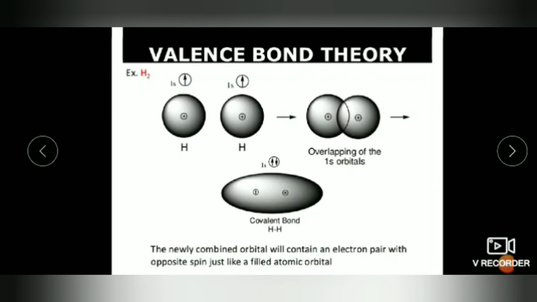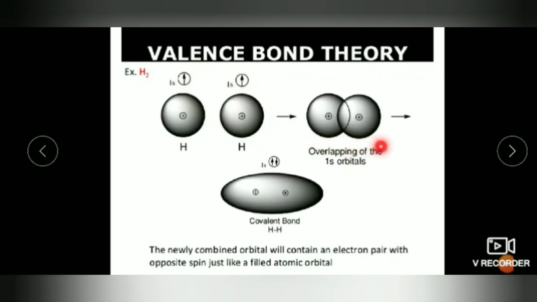Next, H2. Each hydrogen contains a spherical 1s orbital with 1 electron, so there is one unpaired electron on each. These unpaired electrons with opposite spin combine to form a covalent bond.